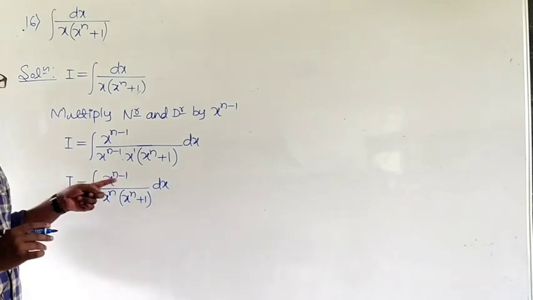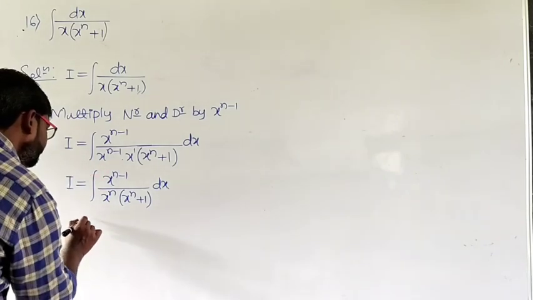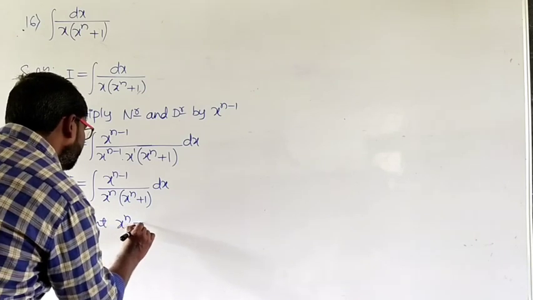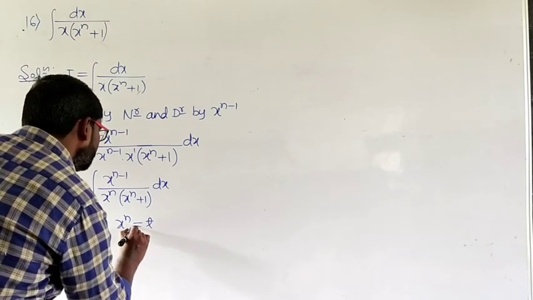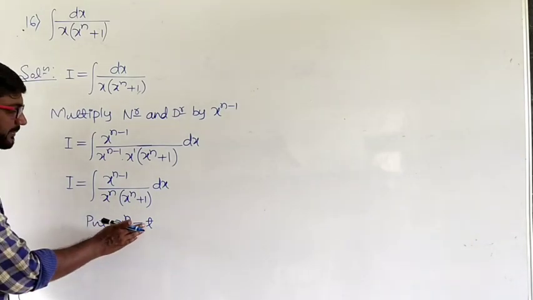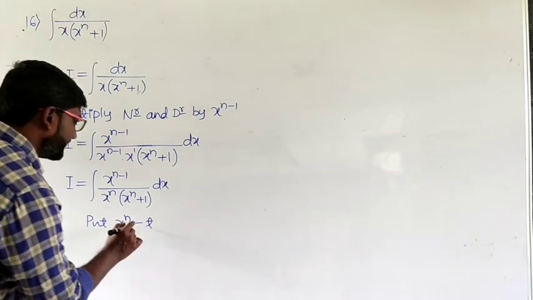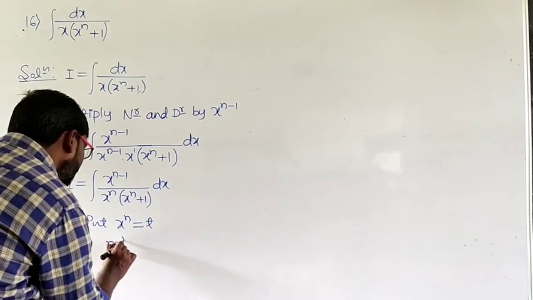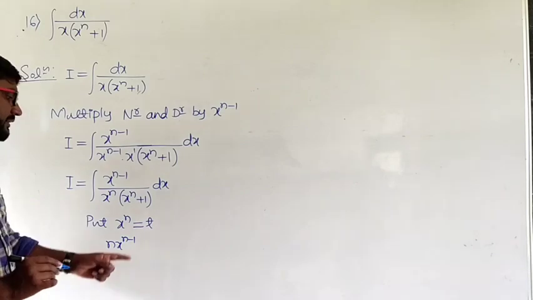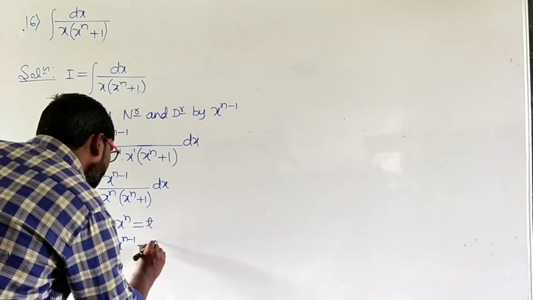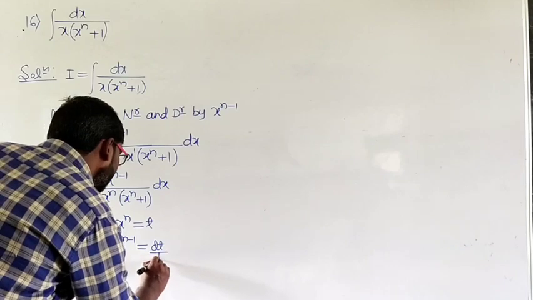Put x to the power n which is equals to t. So differentiate both the sides now. What is the derivative of x to the power n? So it is n into x raised to n minus 1, which is equals to dt by dx.